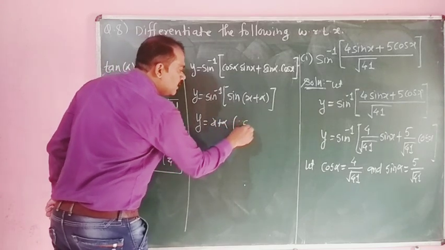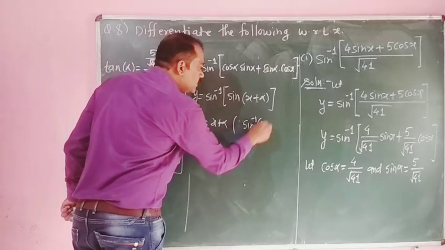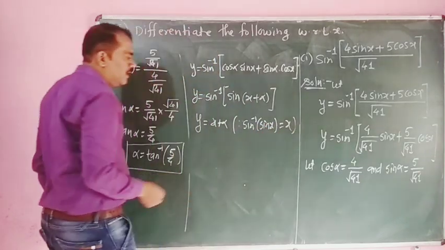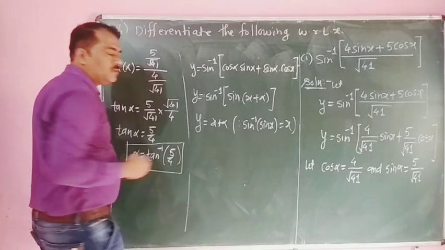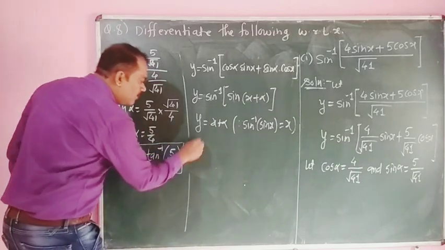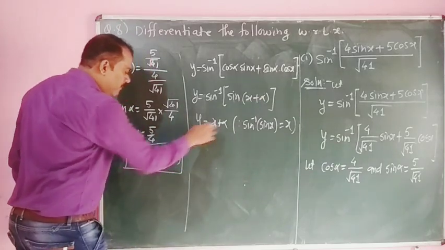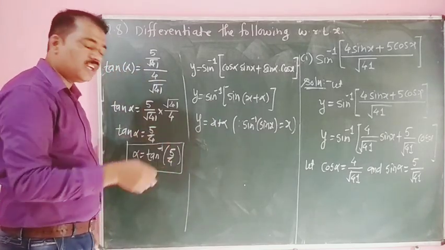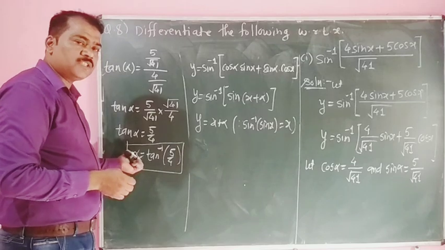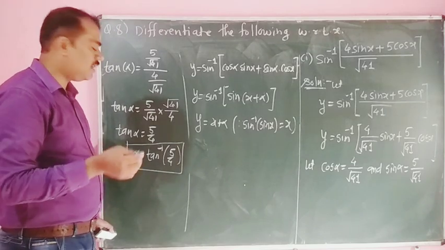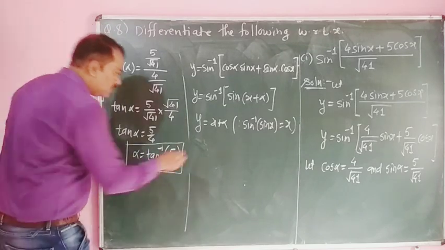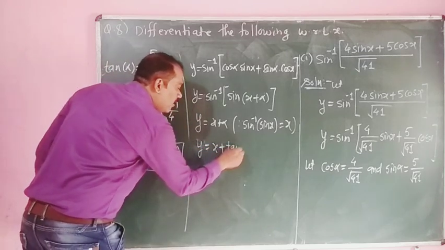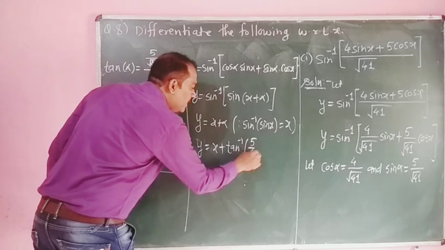Instead of x we use x plus alpha. Now we also have to substitute the value of alpha. Because alpha is a constant, its derivative is 0, or if we use this value, we get the same answer. So y is equal to x plus tan inverse of 5 divided by 4.